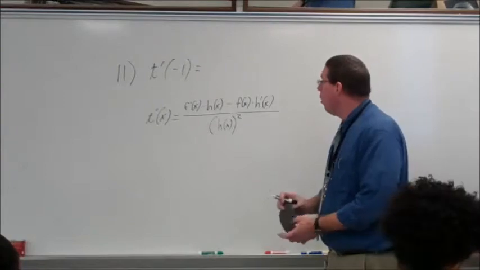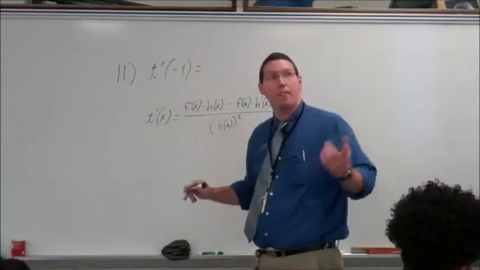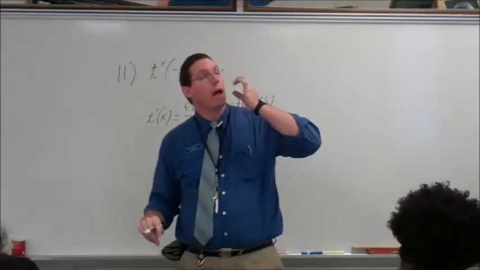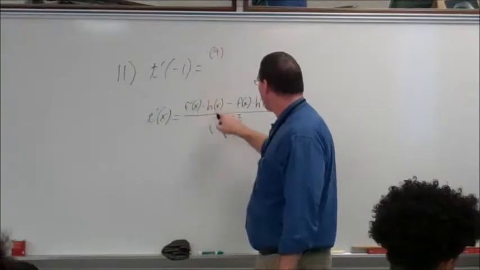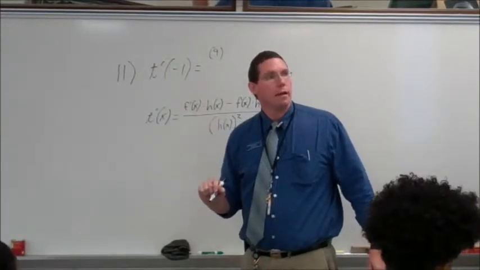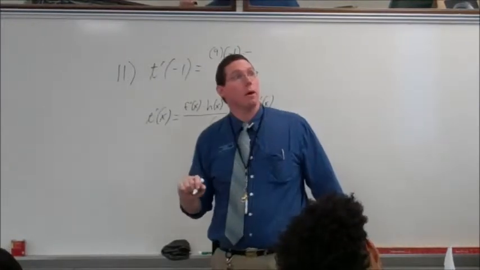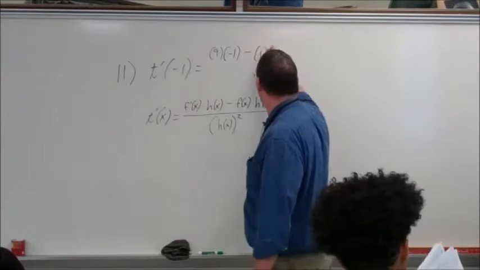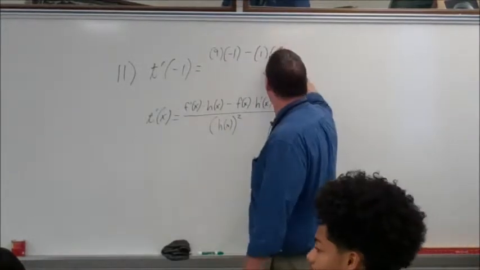Right? So what is f prime of negative 1? Is it 9? Okay, f prime of negative 1 is 9, times, what's h of negative 1? Negative 1. Minus, what's f of negative 1? 1. And what's h prime of negative 1? 4.